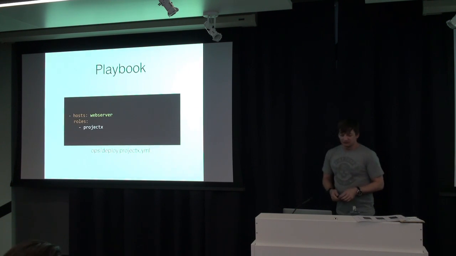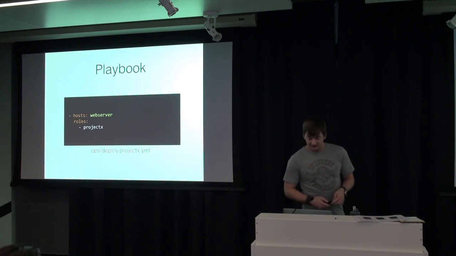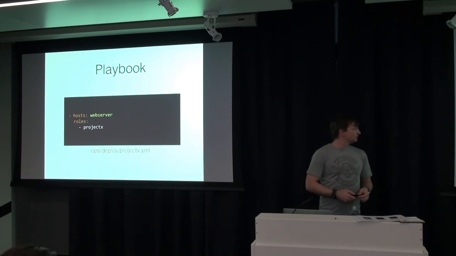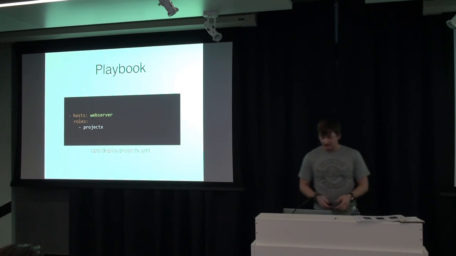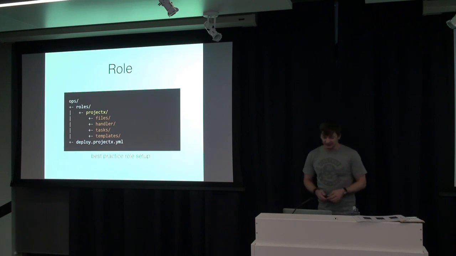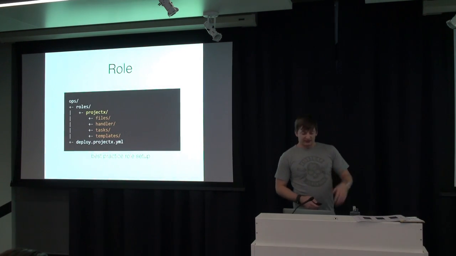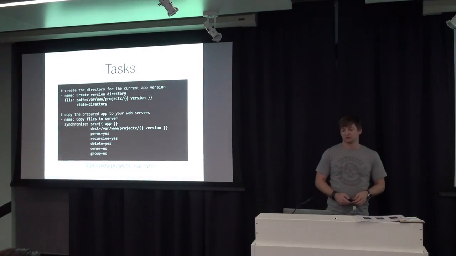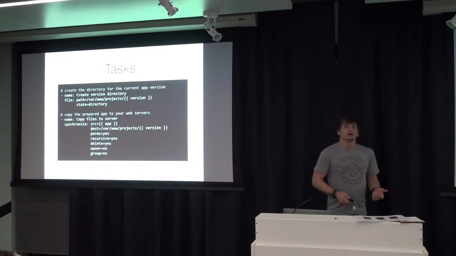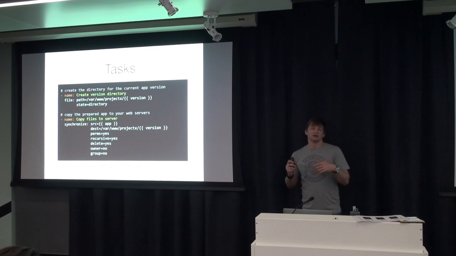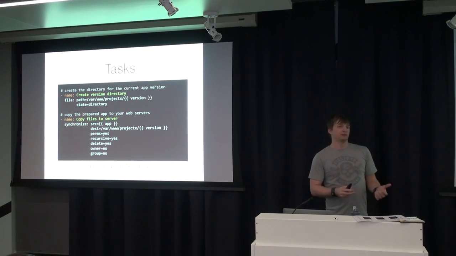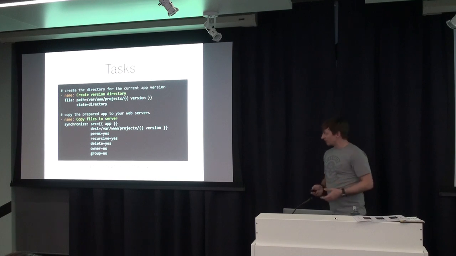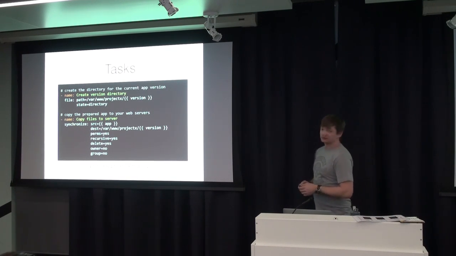So let's do the playbook. That's just as simple as before. We want to execute it on our web servers, and we want to execute the role projectx. So let's define the projectx role. Same stuff like before, the four subfolders, and then okay, let's have a look at the tasks we have to do. In this case, we have to create the directory where we want to deploy our app in. We also have to copy the files to the server.